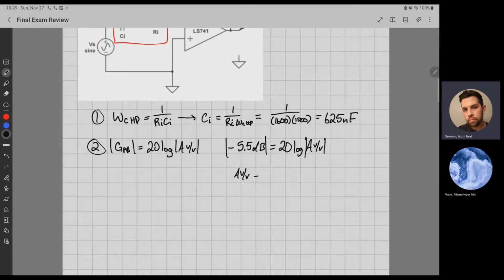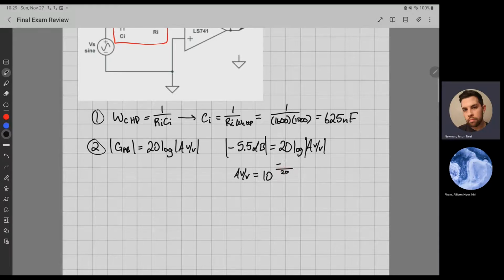A in volts per volt is equal to 10 raised to negative 5.5 over 20. The 10 and the 20 are just from algebra, and you can replace the negative 5.5 with the gain in the passband if you wanted to. This is your standard formula to convert from dB to volts per volt.